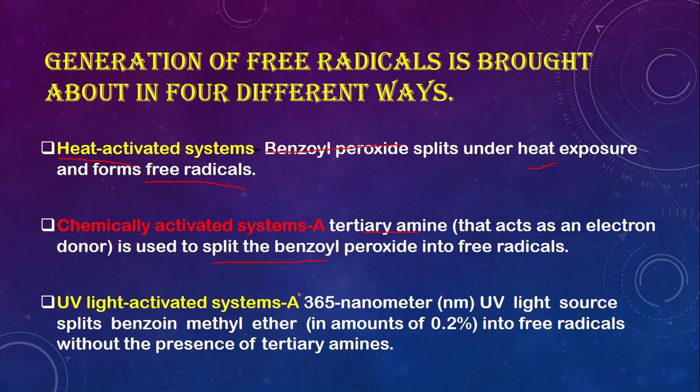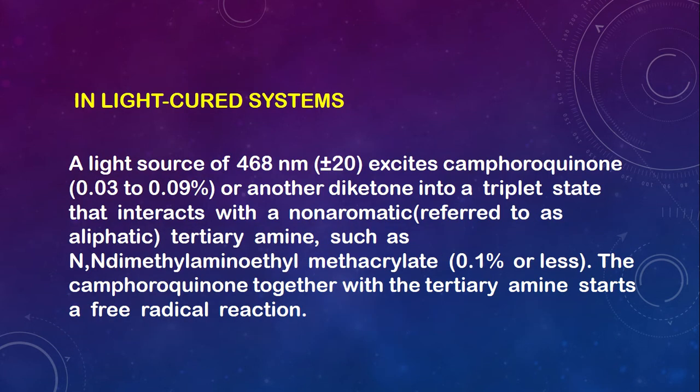In the UV light activator system, we have a 365 nanometer UV light source which splits benzoin methyl ether into free radicals without the presence of tertiary amines. And in the light cure system, as we have discussed, it comprises camphorquinone and a non-aromatic tertiary amine, that is dimethylaminoethyl methacrylate. They combine together and generate the free radicals.